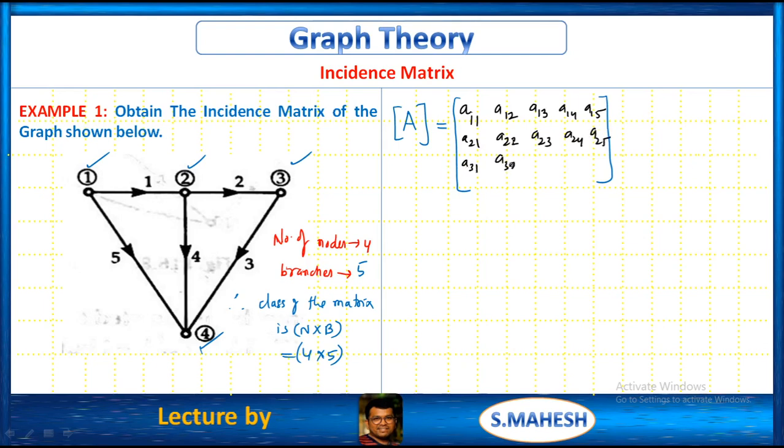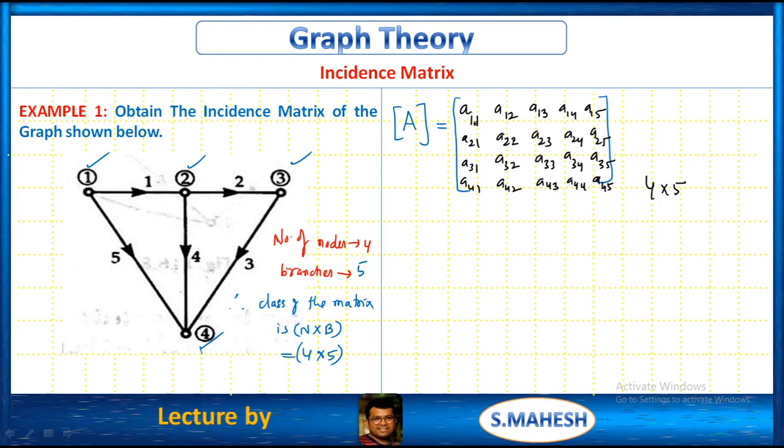A31, A32, A33, A34, A35, A41, A42, A43, A44, A45. That's it. This is a 4 by 5 matrix.